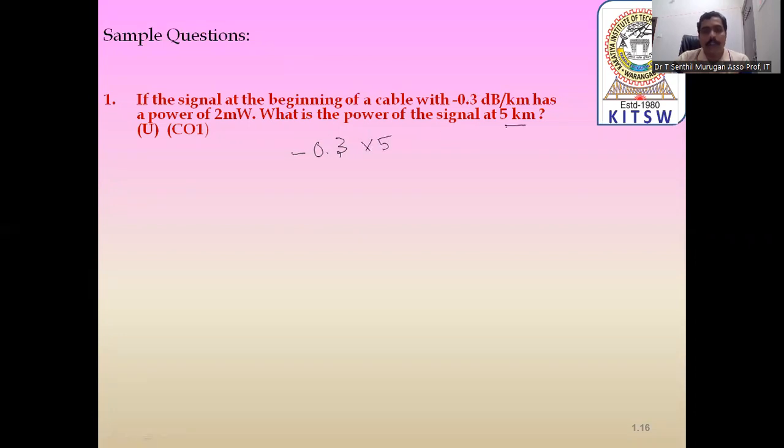We want to calculate the power of the signal at 5 kilometers, giving minus 1.5 decibels.